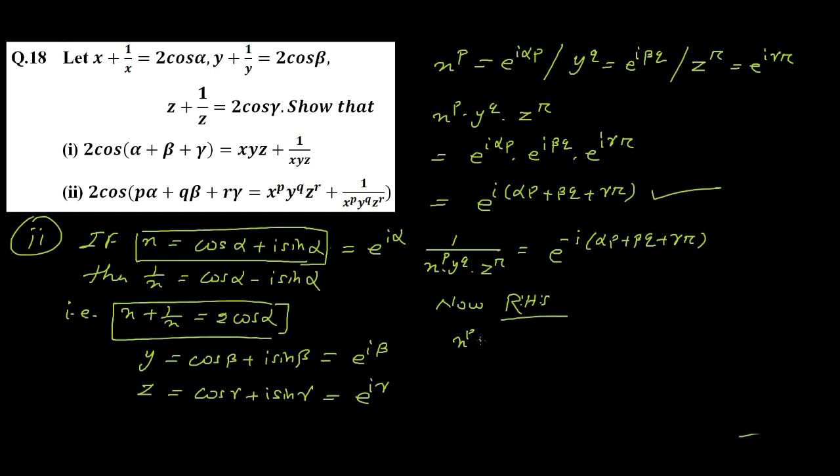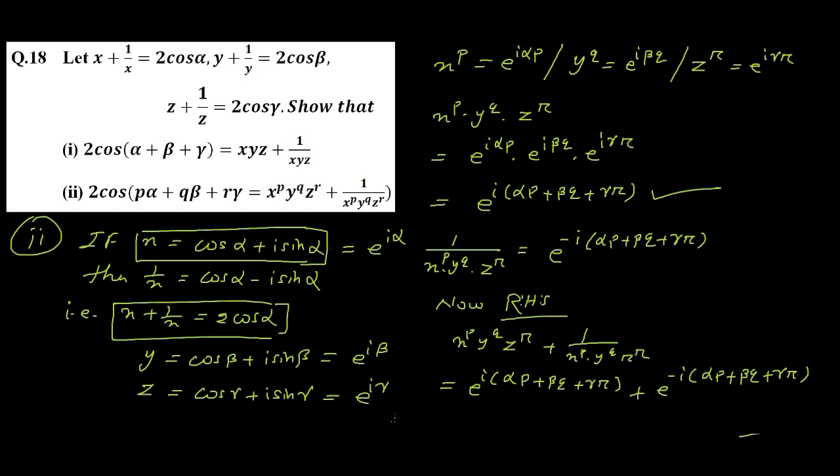That is x to the power p, y to the power q, z to the power r plus 1 by x to the power p, y to the power q, z to the power r. It will become e to the power iota (alpha p plus beta q plus gamma r) plus e to the power minus iota (alpha p plus beta q plus gamma r).